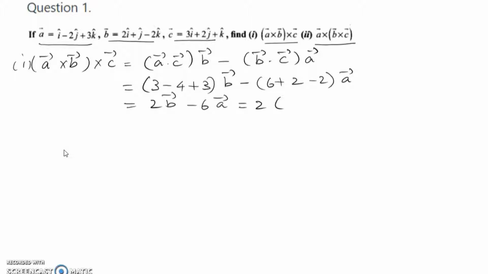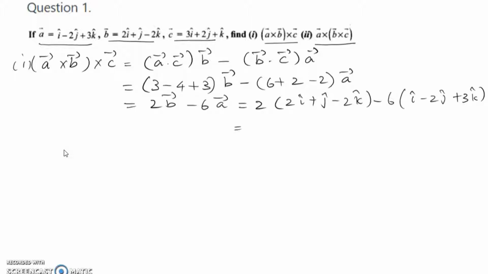Okay, so now let's substitute the values of the vectors. So that is 2 times vector B, which is 2 times i cap plus j cap minus 2 k cap, minus 6 times i cap minus 2 j cap plus 3 k cap.